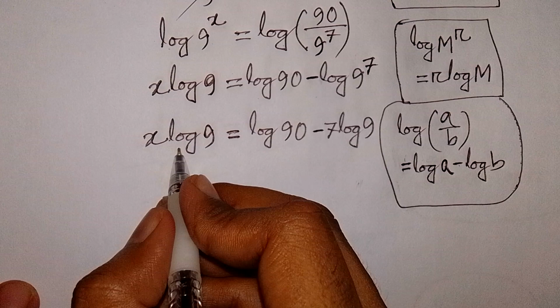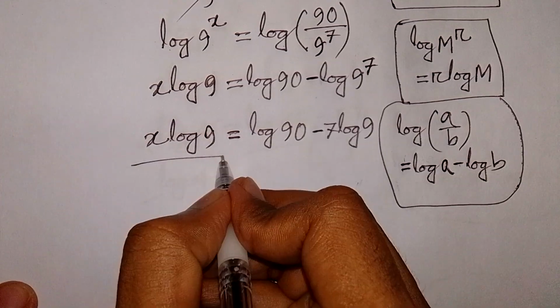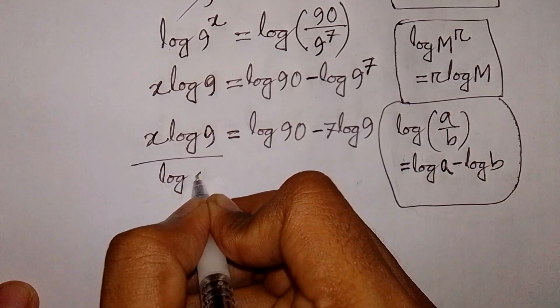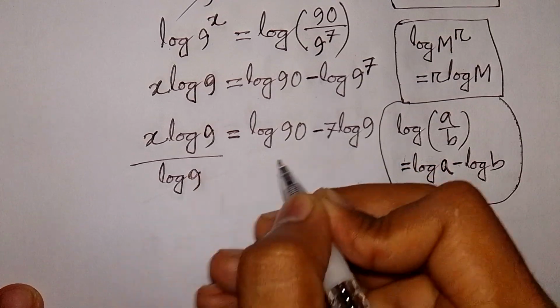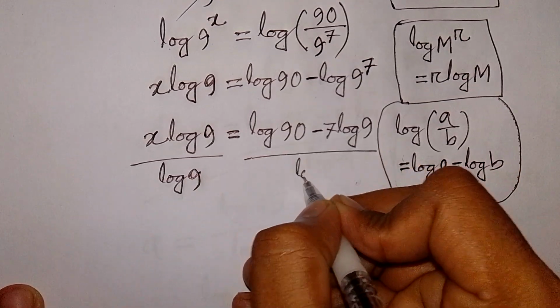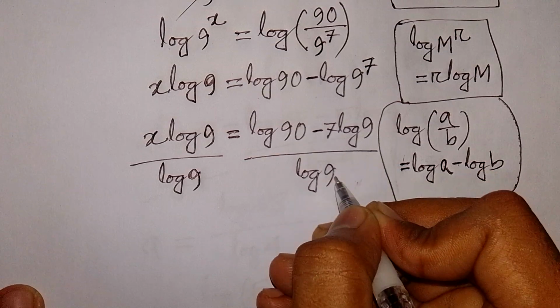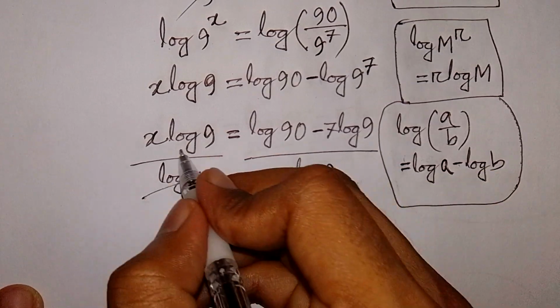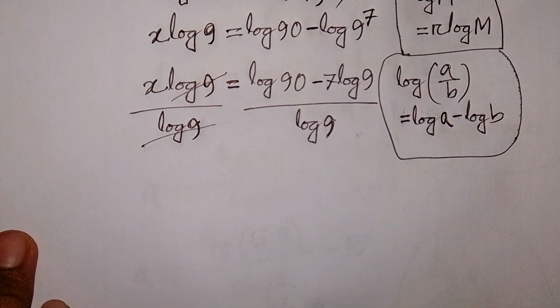Now we divide by log 9 on both sides. So divided by log 9, divided by log 9. So this log 9 will be cancelled.